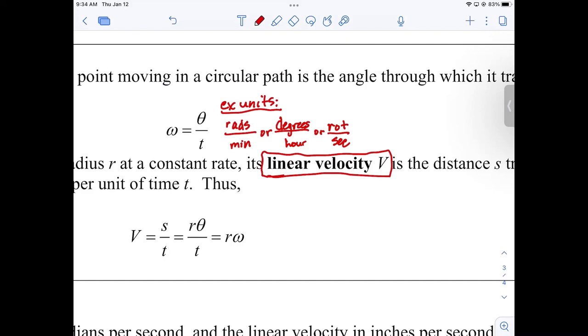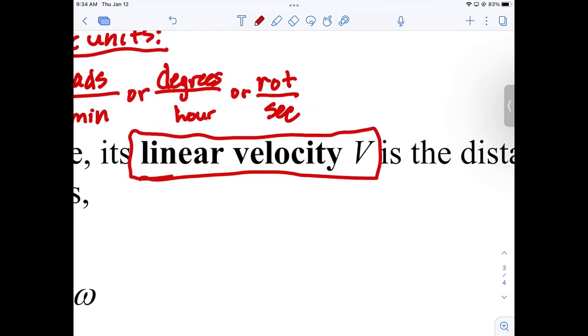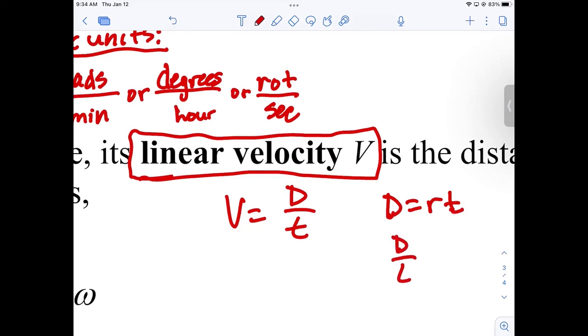Well, linear velocity, remember, linear velocity v is just distance over time. This is your rate, distance equals rate times time. Divide through by t, and you get d over t equals r, and r is equal to v. Okay, so that's where it comes from.